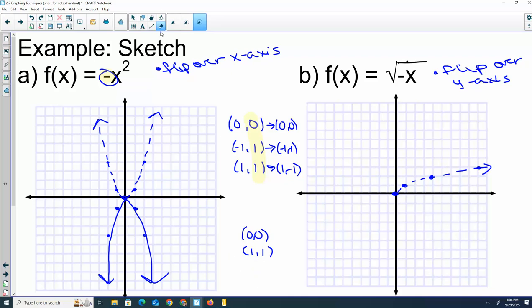All it's doing, inside changes x. It's taking those points and putting a negative in front of all your x values. So you still get 0, 0, but now it's negative 1, 1. Negative 4, 2. Negative 9, 3.